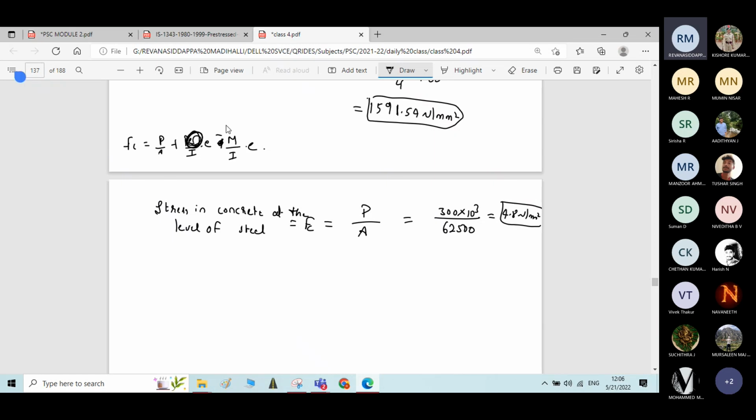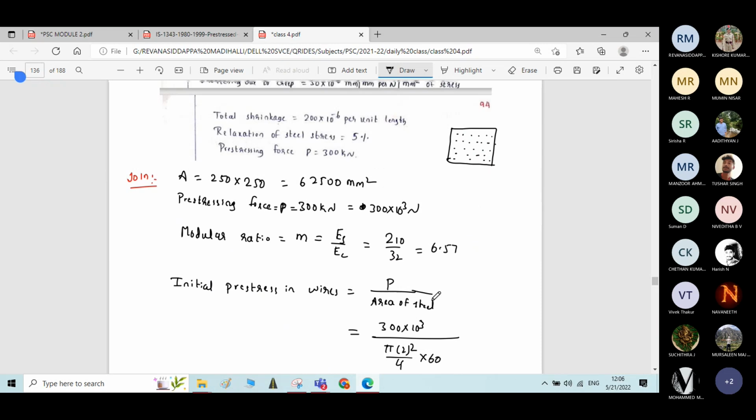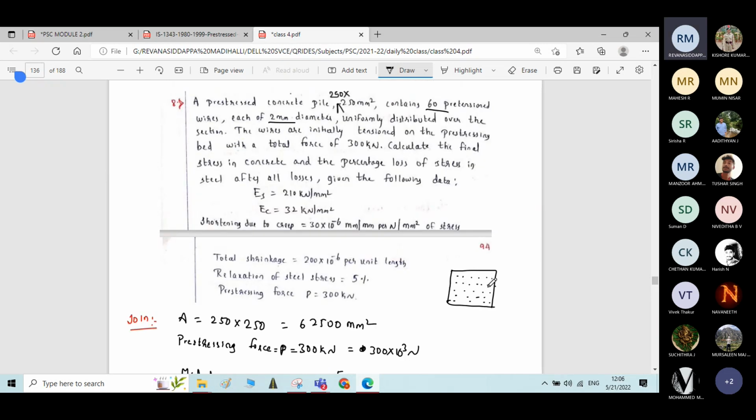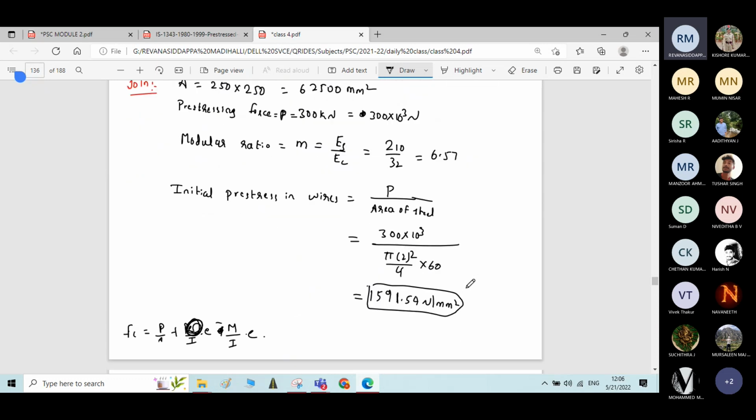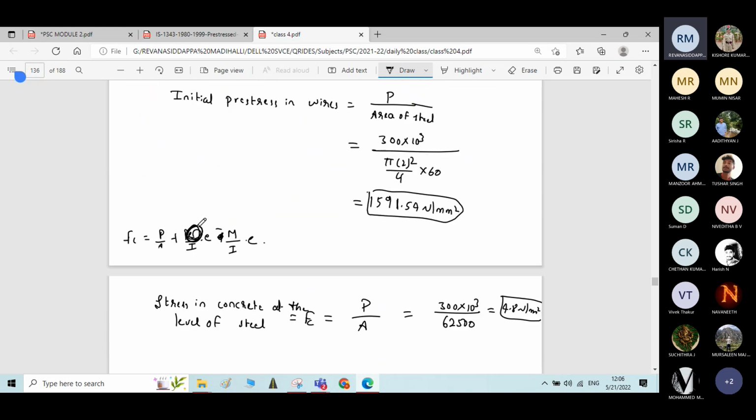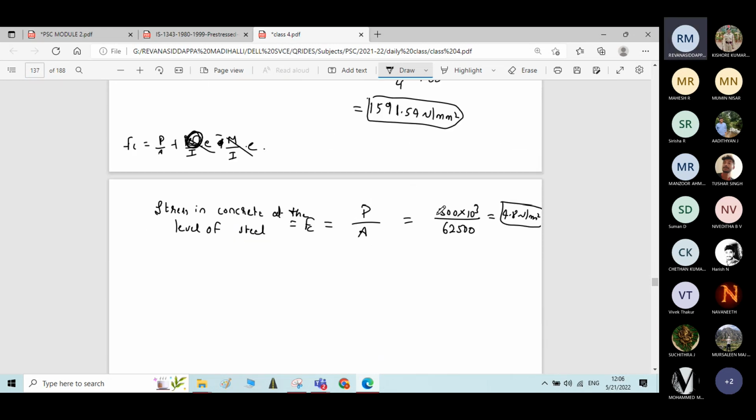There is no eccentricity because all the cables are distributed equally throughout the cross section, so it is considered as 0. These two terms become 0, and you only get FC equal to P by A.